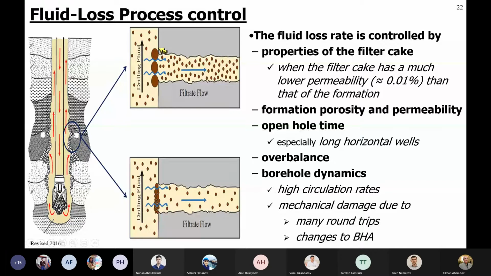It depends on formation porosity and permeability, how long it will go deep into the formation, the whole time we drill through the reservoir part, the degree of overbalance, or how much the wellbore pressure is exceeding the reservoir pressure, and borehole dynamics such as high circulation rates and mechanical damage when you do round trips or change the BHA.